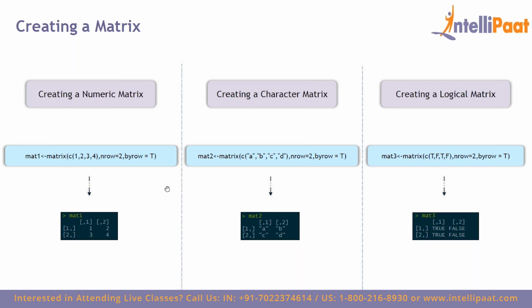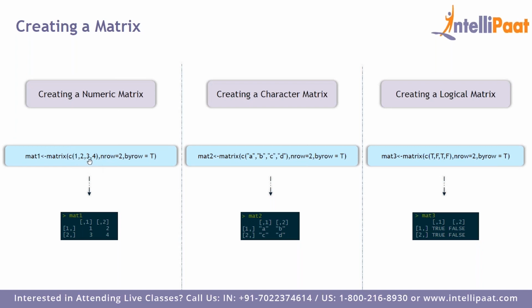But because matrix is a two-dimensional object, we need to be careful with how we want our elements to be. The first parameter is what elements you want in your matrix. So let's say I want 1, 2, 3, 4, which is a vector. Wherever you observe this character c, it means it is creating a vector. So a vector of these elements, 1, 2, 3, 4.